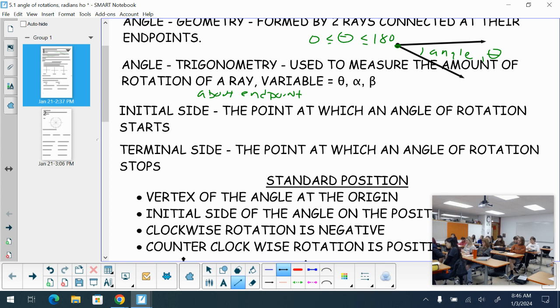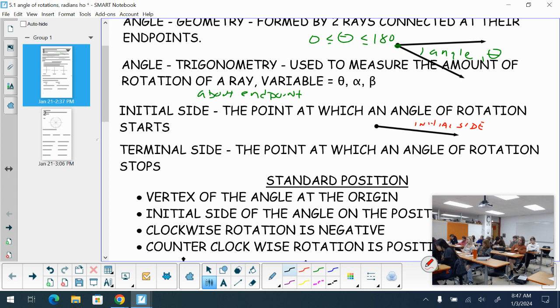So if we talk about a ray, once again, we have an initial side. This is where we start. And we rotate this angle to a terminal side where we stop. And this is our amount of rotation.